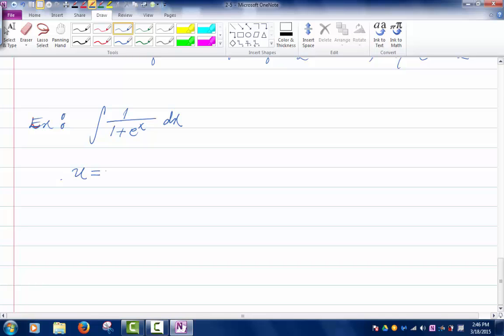I cannot think of any person who wouldn't try this at some point. You will take u to be 1 over 1 plus e to the x and see what that leads you to.